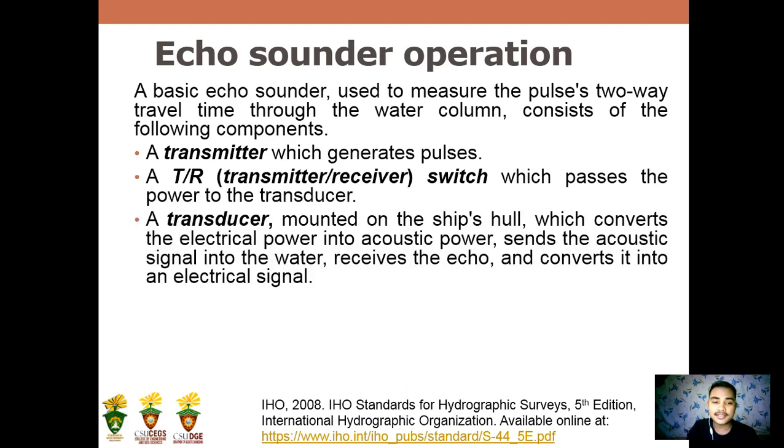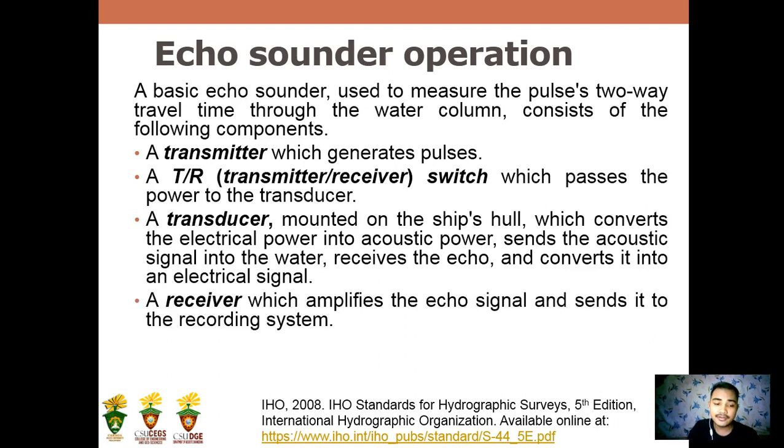Then next is the transducer. The transducer is mounted on a ship's hull, connected to the boat, and converts the electrical power into acoustic power. It then sends the acoustic signal into the water, and it also receives the echo, converts it into an electrical signal, and sends it back toward the receiver. The receiver amplifies the echo signal and sends it into the recording system.